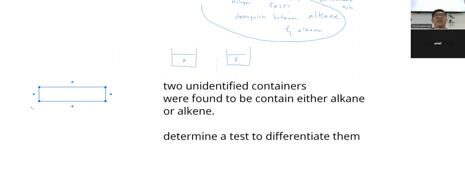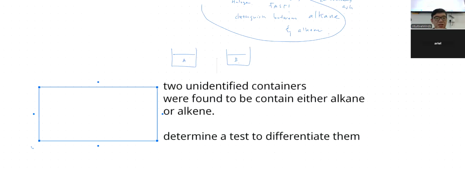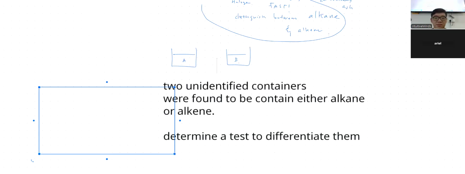Yeah, based on that, you can add bromine water to each of them. The container containing alkene will what? It will be faster than the other.